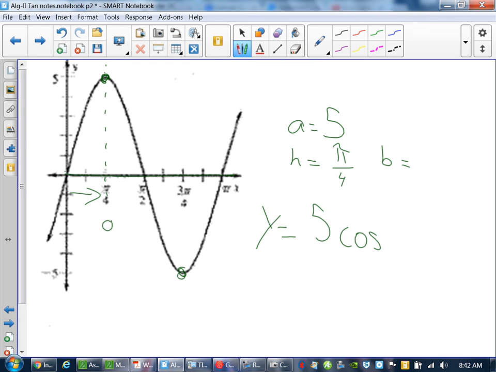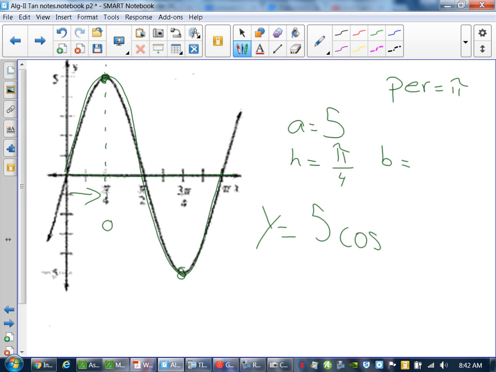Notice in this case, if I move it back to your 0 part, one full oscillation occurs at what? Pi. Okay? So one full oscillation occurs at pi, which means that the period for this winds up being pi. So if my period is pi, how do you find the B value when you're dealing with cosines? 2 pi.